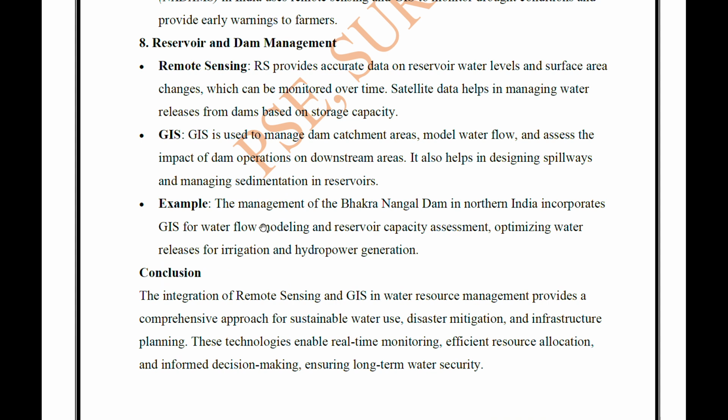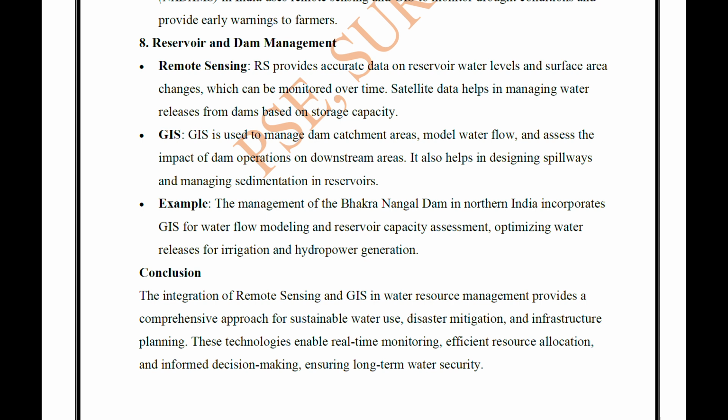Eighth is reservoir and dam management. Remote sensing provides accurate data on reservoir water levels and surface area changes, which can be monitored over time. Satellite data helps in monitoring water release from dams based on storage capacity. GIS is used to manage dam catchment areas, model water flows, and assess the impact of dam operations on downstream areas.